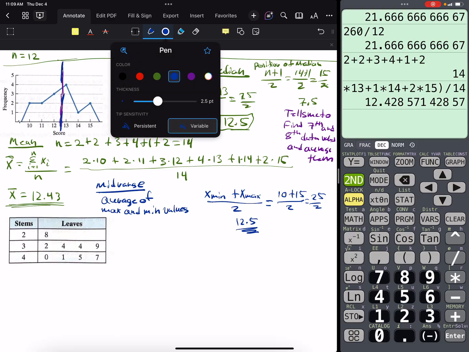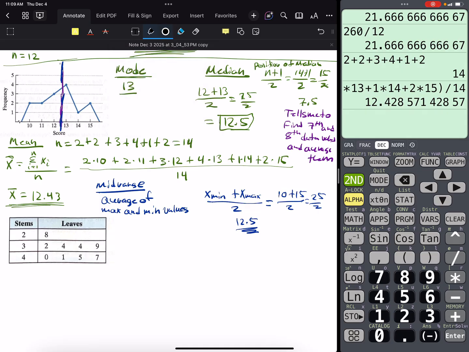And then my x bar is 12.43, and so it's literally right next to it, closer than I can sketch, and it looked distinct. And so you can see that there's a very strong implication that my center is right there. And my mode is also quite close too, as a 13. Okay.